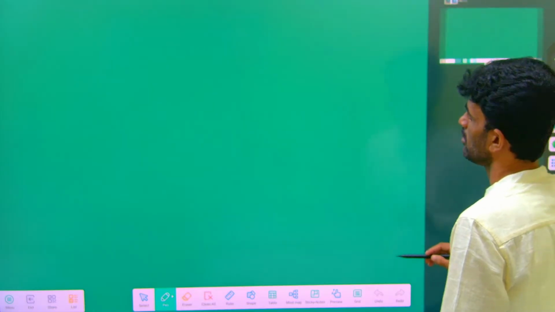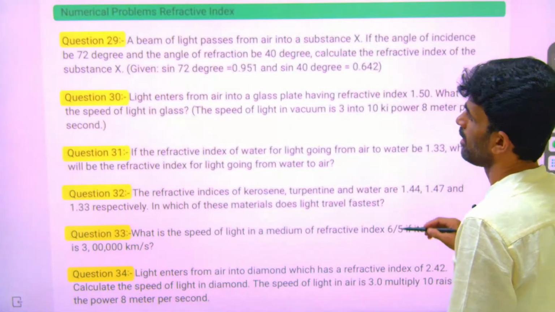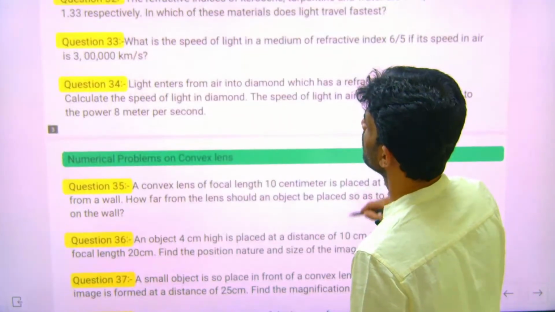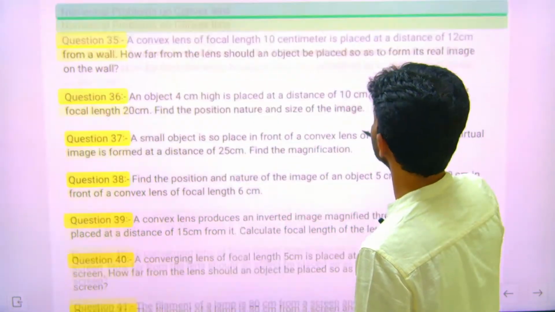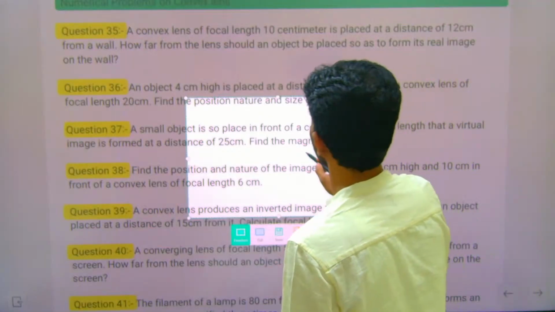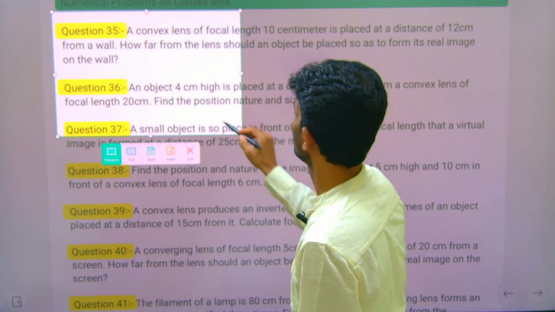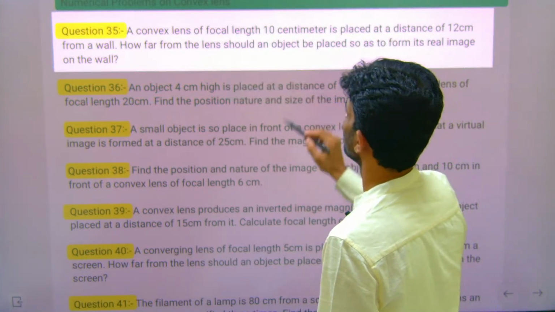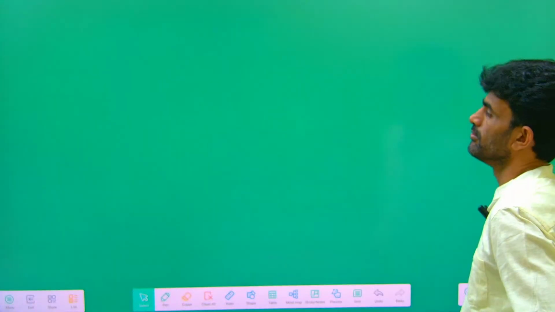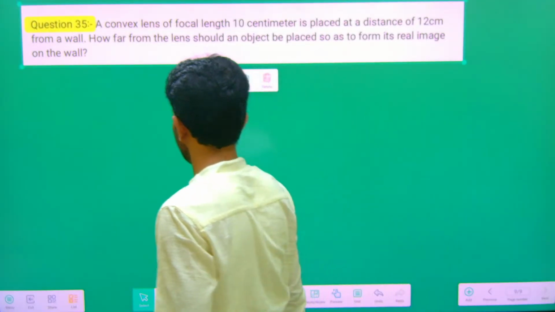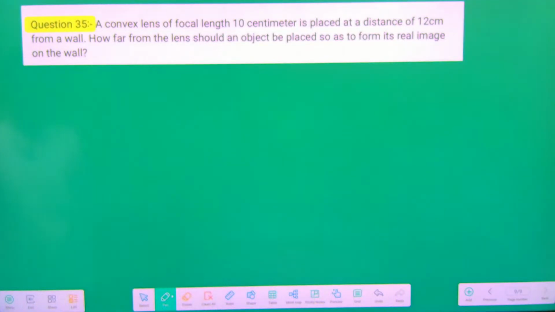Now, two, three problems related to lens. First, we have problems related to convex lens. Here in this problem, it is lens related.